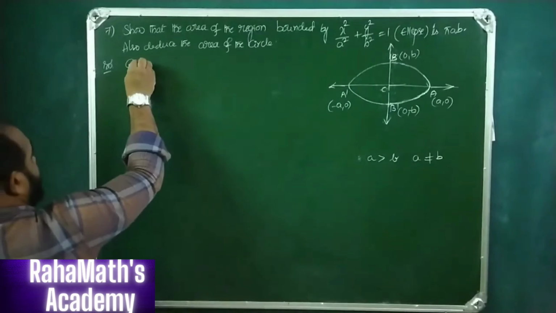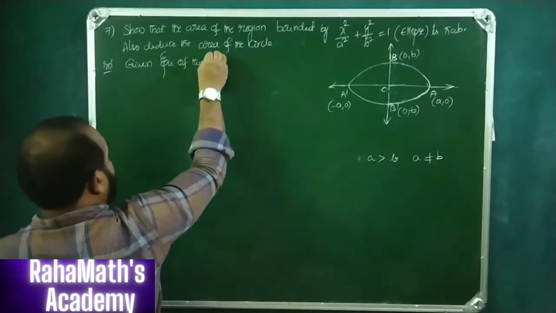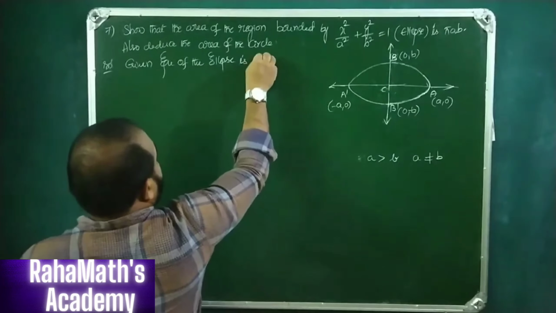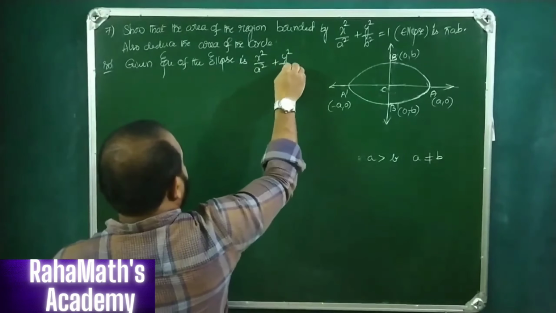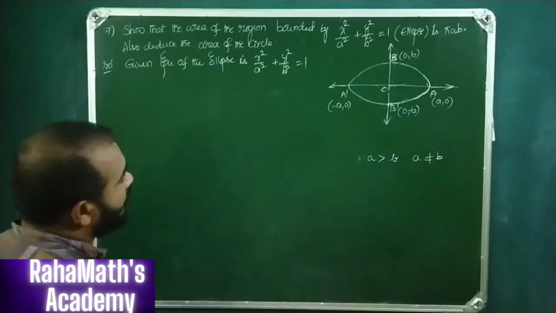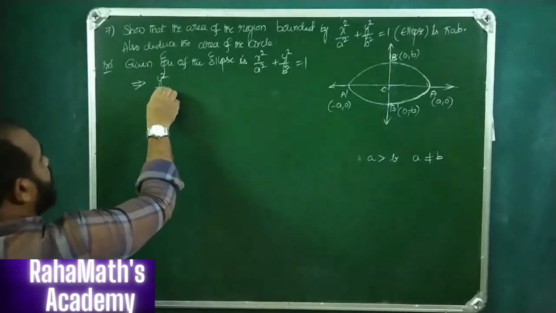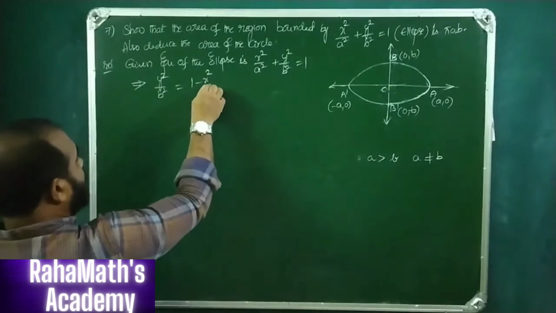So now, the given equation of the ellipse is x square by a square plus y square by b square equals 1, from which y square by b square is equal to 1 minus x square by a square.